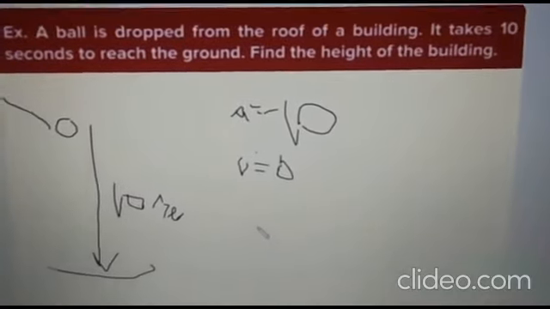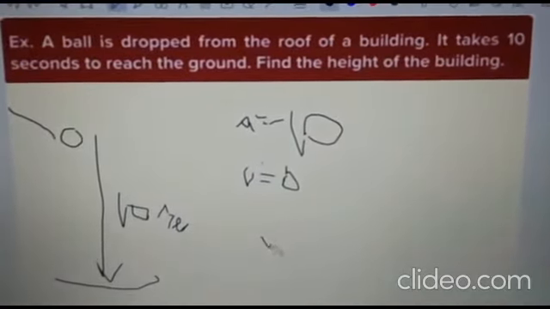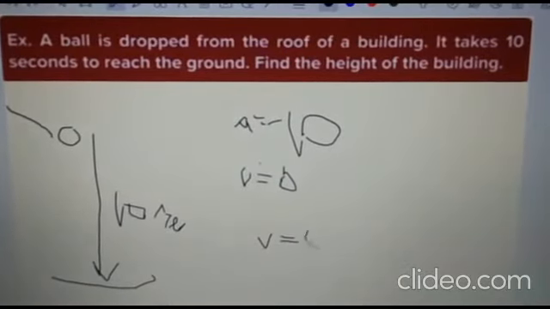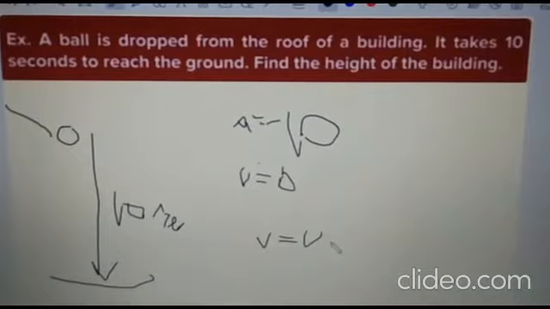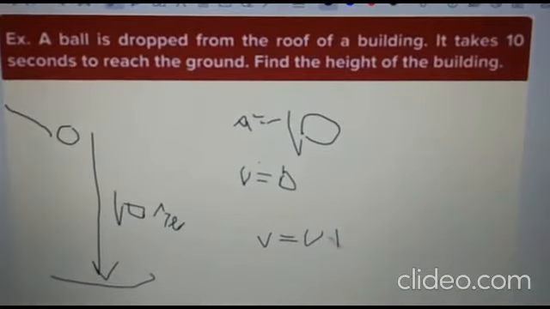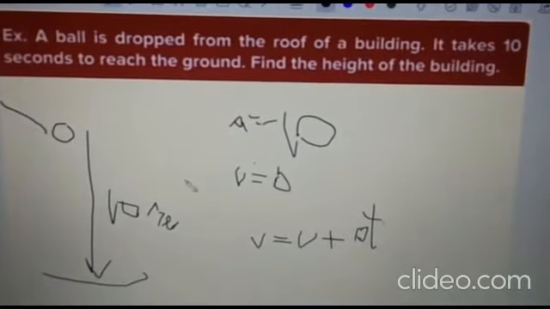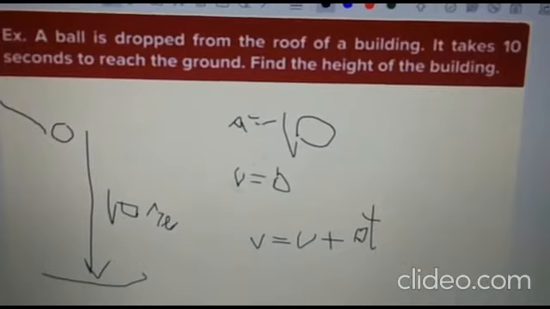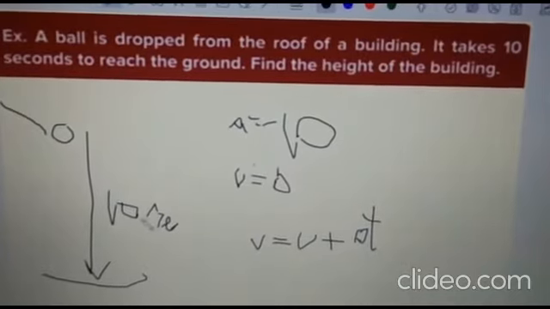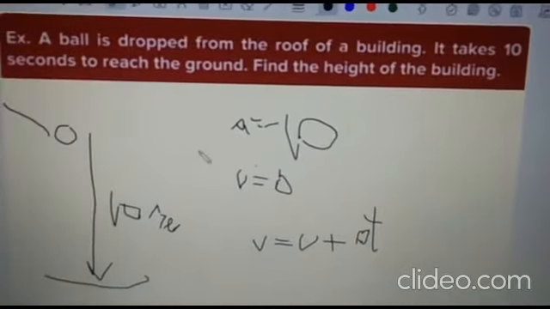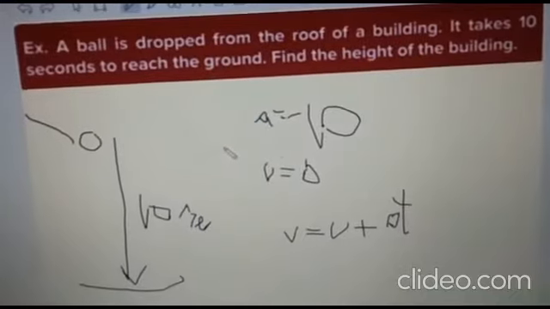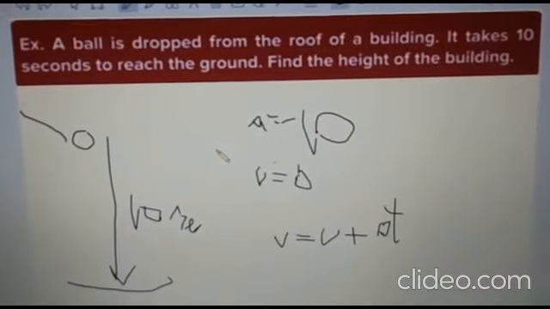The equations that we studied in the previous chapter: the first is v equal to u plus at. We are given acceleration, initial velocity and time, and we have to find h, so we need an equation that comprises all these things.